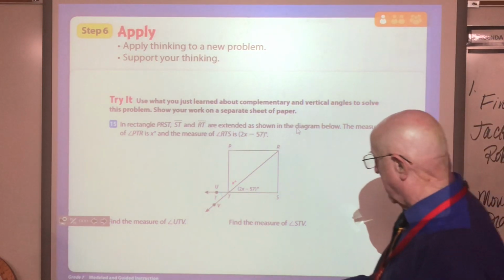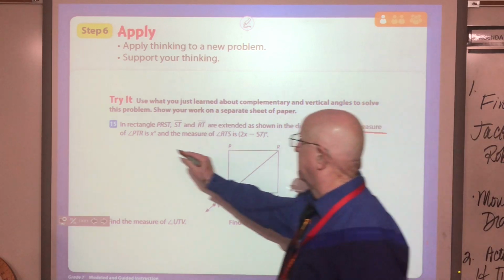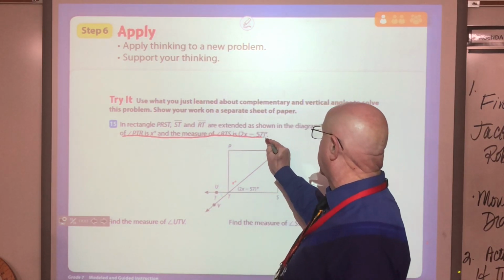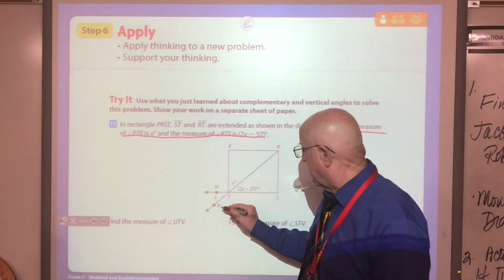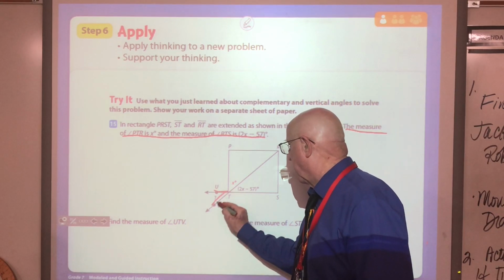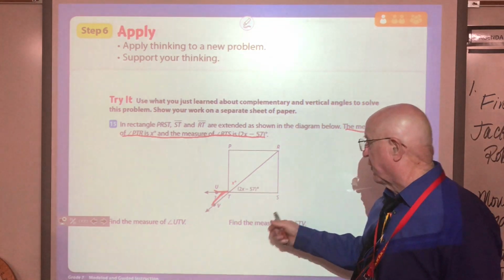We want to know the measure of angle PTR is X, and the measure of RTS is 2X minus 57. We're going to use that to find the measure of angle UTV. In order to do that, we have to look at the fact that these two angles are complementary, and they're going to add up to 90.